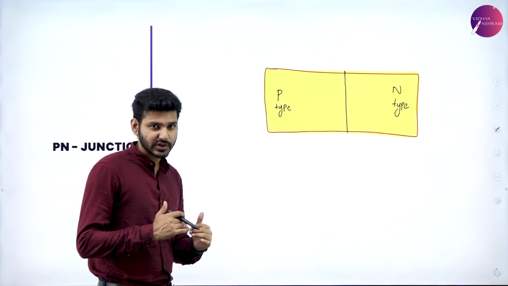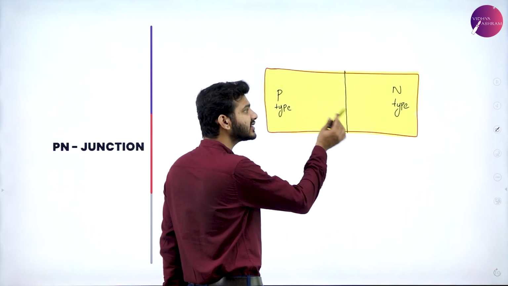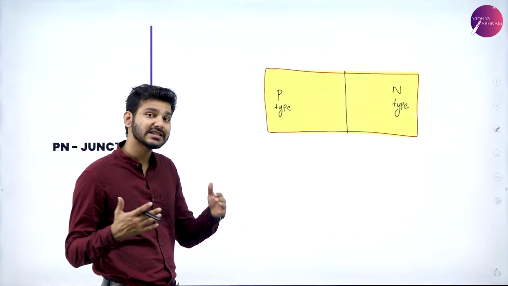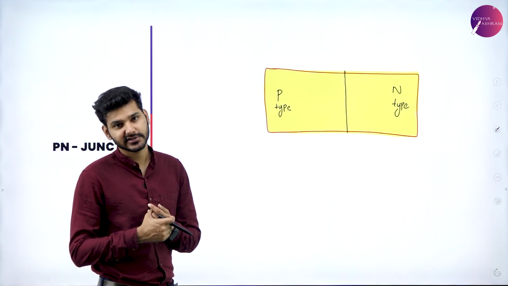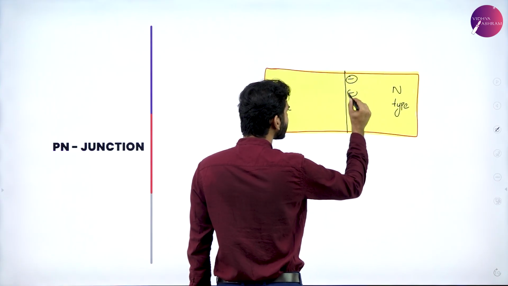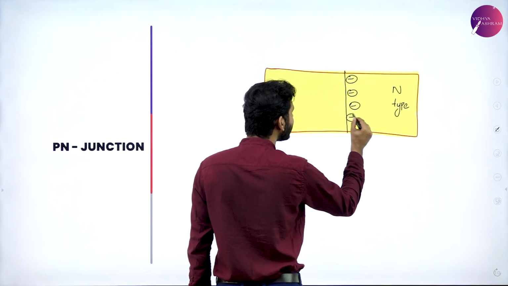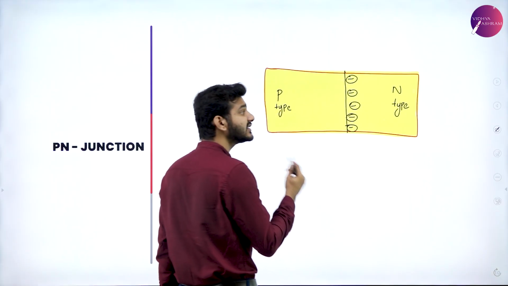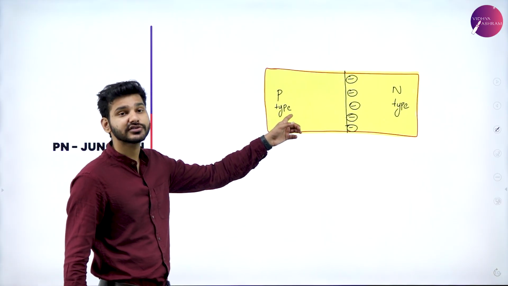When you bring these together, obviously, since there is a potential difference, there is diffusion of charges. That is, the electrons from this side will feel like going to the other side because here it is positive.